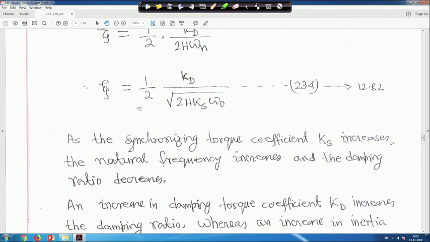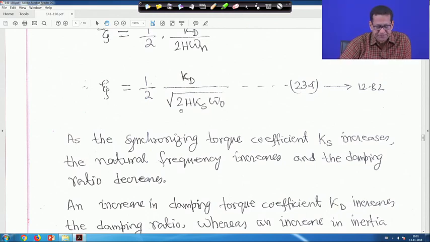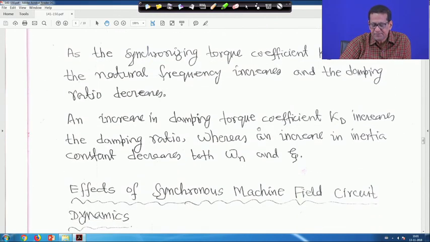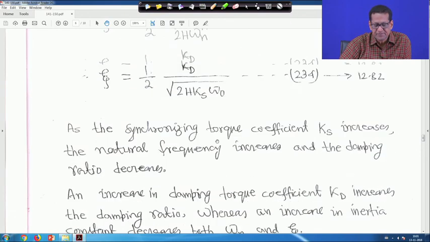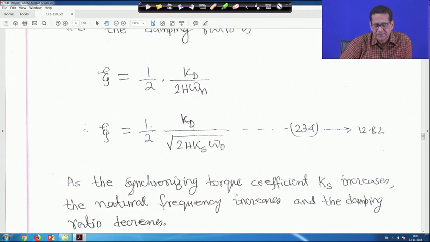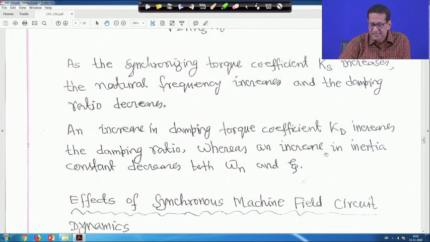So, if Ks increases, xi decreases, that is the damping ratio decreases. An increase in damping torque coefficient Kd increases the damping ratio, because Kd is in the numerator. Whereas an increase in inertia constant decreases both omega n and xi, right.